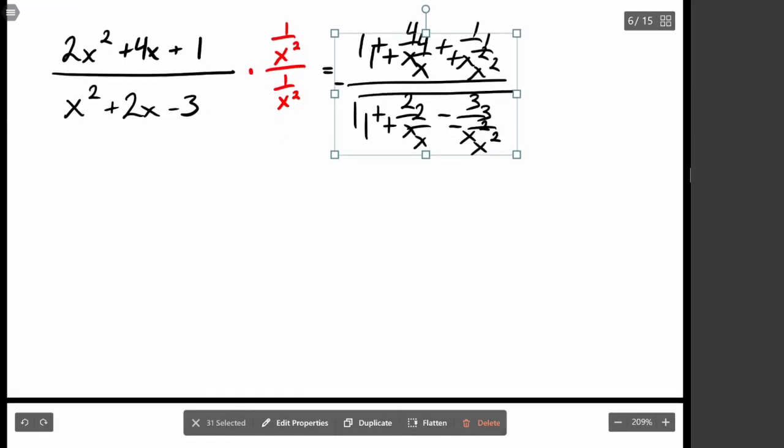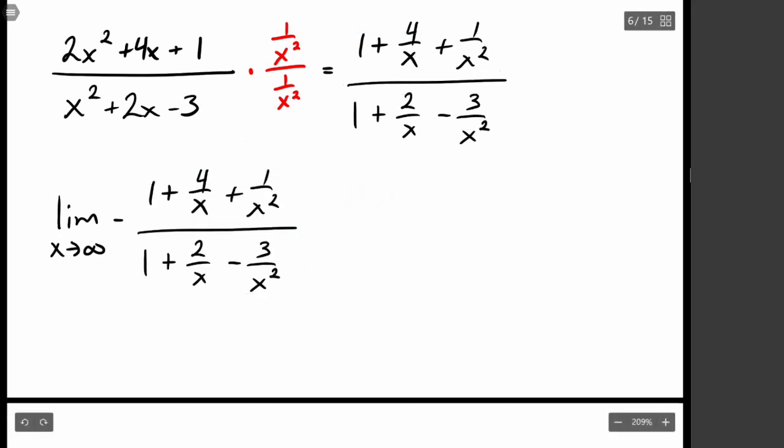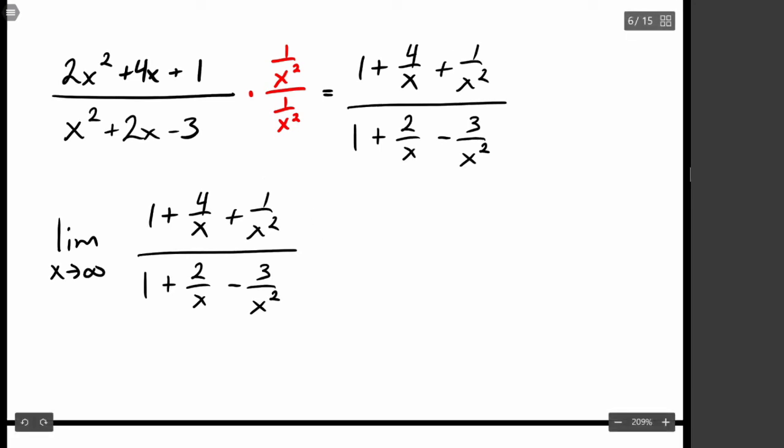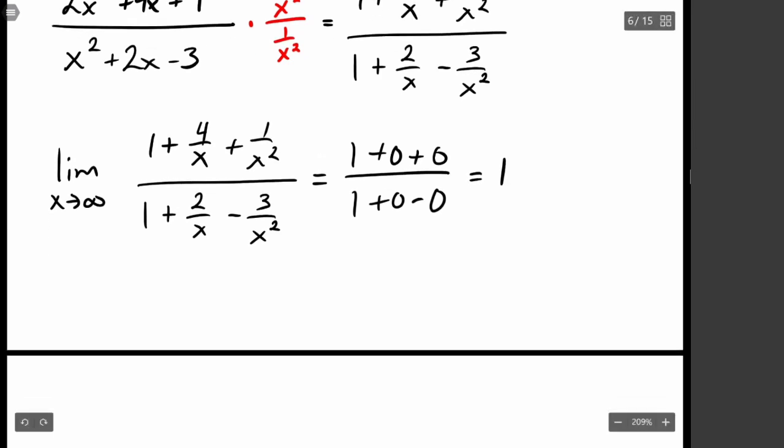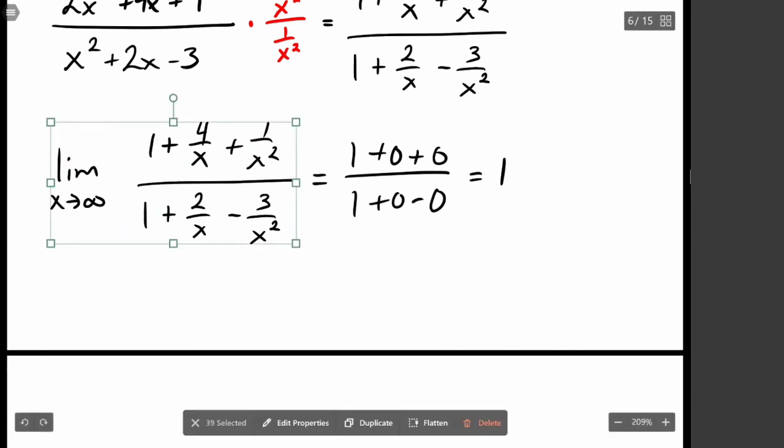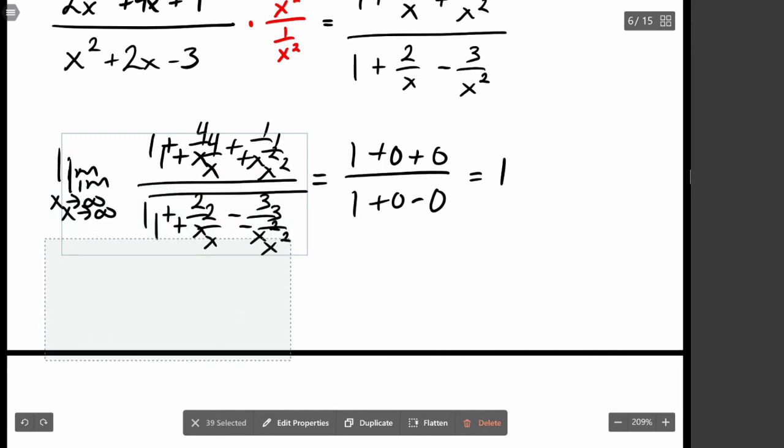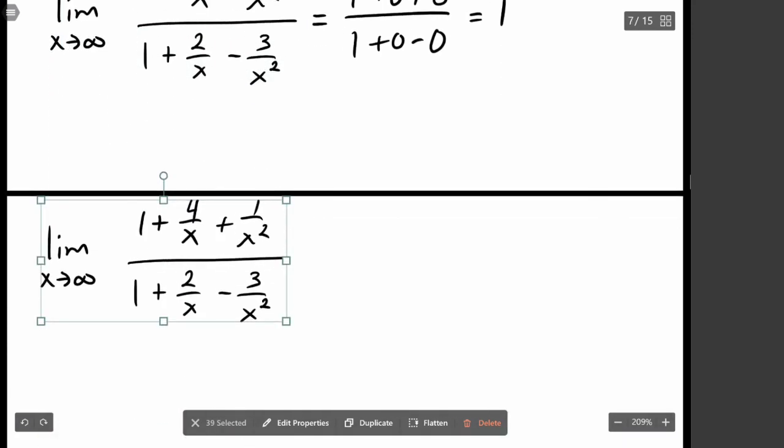So that means we want to compute the limit as x goes to positive infinity of this thing. Okay. When we do that, we're going to get 1 plus 0 over 1 plus 0 minus 0. And so this is 1. Right? And we're going to do this again, but this time going to negative infinity.